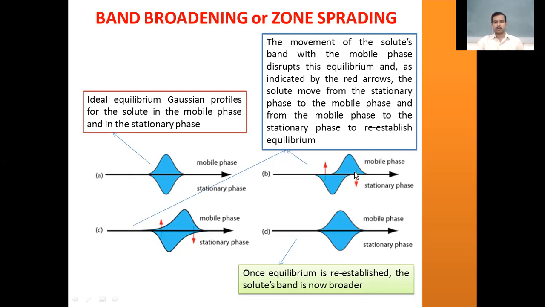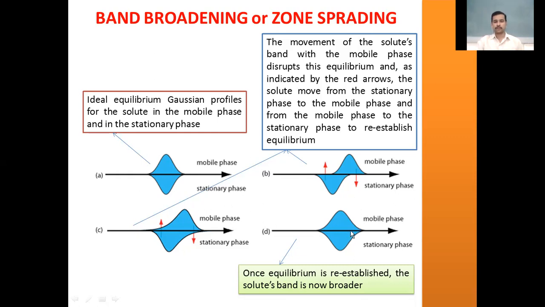At last, once all this process is over, diagram D is the picture showing the band for a solute after the equilibrium is re-established. This is the ideal chromatographic peak we are expecting, with respect to the concentration profile of the solute moving through the chromatographic column during the elution process.